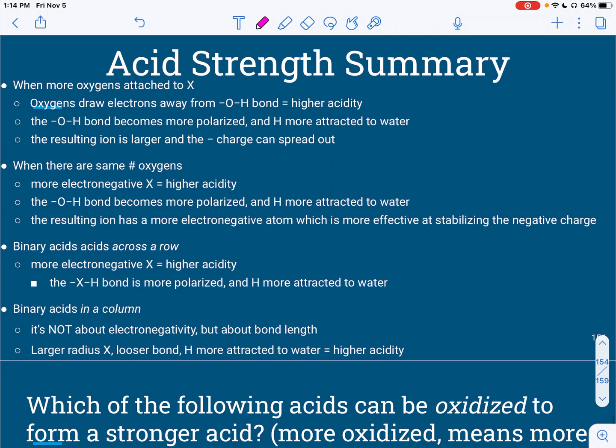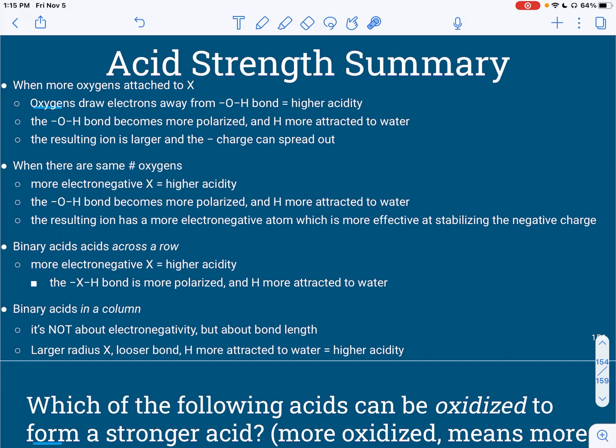So here is a little summary. I put this in your notes as well. And you can see here. Now, what's not going to happen is that someone would try to combine these. You're not going to be asked a question like HBrO3 and HClO4, combining different central atoms and also different numbers of oxygens.